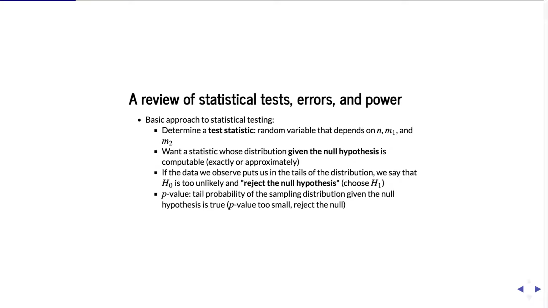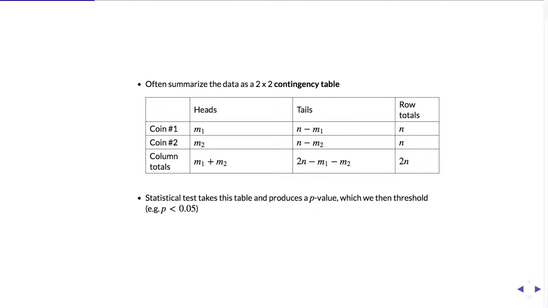And this is where p-values come from. A p-value describes the tail probability of the sampling distribution given the null hypothesis. So when people say p less than 0.05, there's less than a 5% chance that this data could have come under the null hypothesis, so I'm going to reject it and choose the other thing. This is the classical approach.